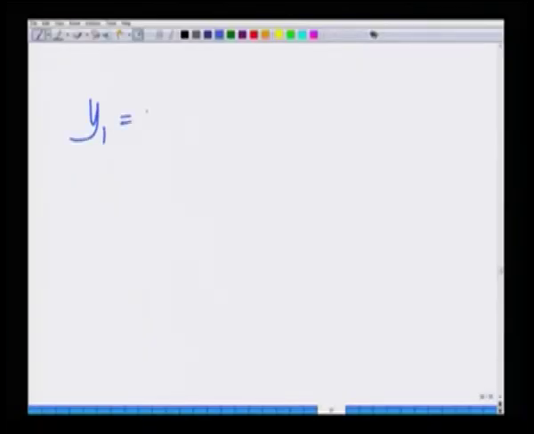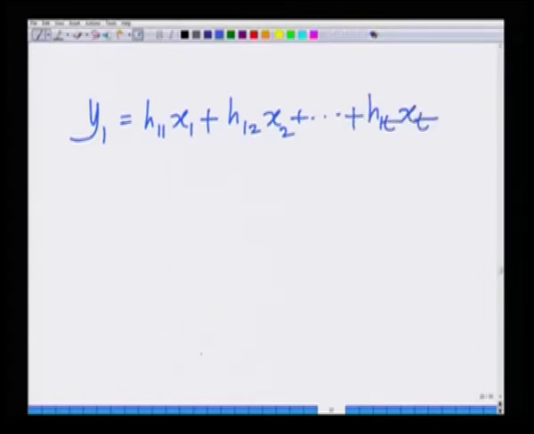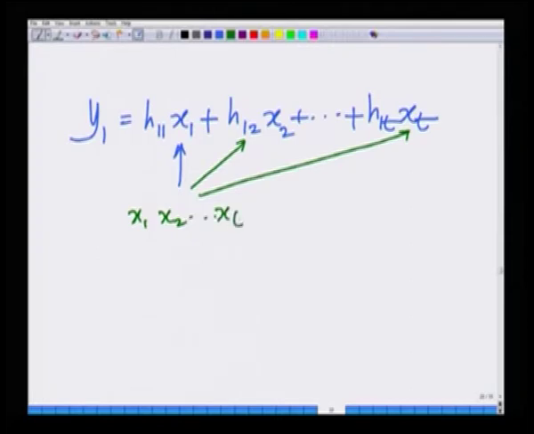Y1 equals h11 x1 plus h12 x2 plus so on up to h1t xt. Hence, you can see each of the transmit symbols x1, x2, so on up to xt interferes at y1.